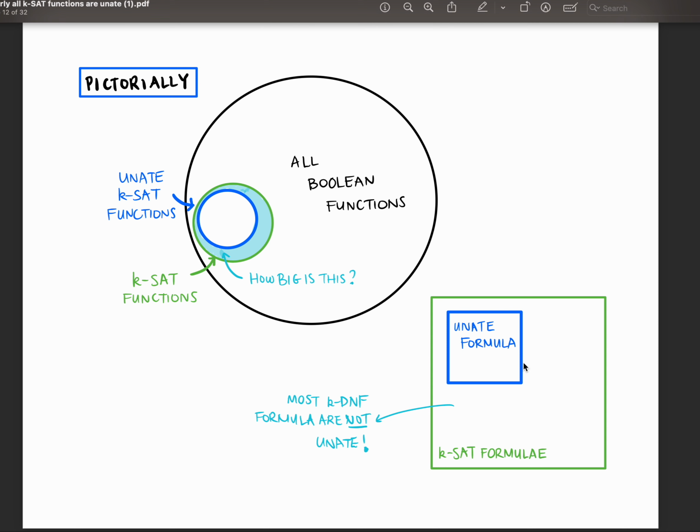Even though there are not that many unate formula, do they actually capture most of the possible Boolean functions that we could get from a k-SAT formula? In other words, if we look at the light blue shaded region between the blue circle and green circle, how big is it? How many k-SAT functions do we miss if we only restrict ourselves to the unate k-SAT functions, keeping in mind that we've missed most of the possible formula?